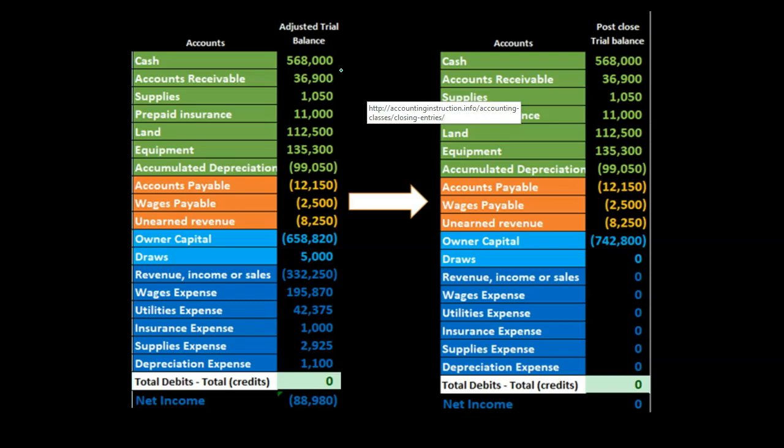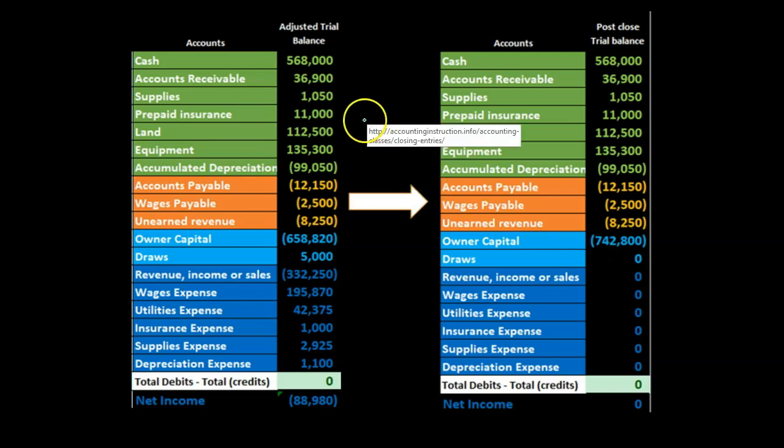We're moving from the adjusted trial balance, getting our accounts ready for them to be recorded in the next time period. The way we do that is we reset all the temporary accounts, all the accounts below the capital account. So remember that the adjusted trial balance is the same as the post-closing trial balance down to, well, including assets, liabilities, and then the equity section will differ.